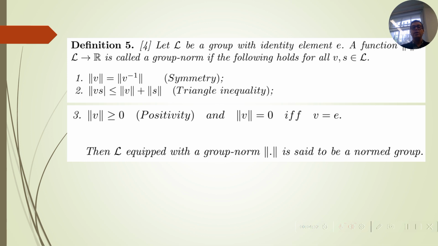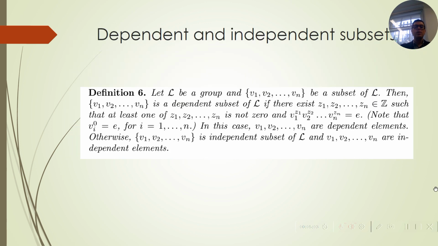Let L be a group with identity element E. A function, a norm, from L to the real numbers is called a group norm if we have the following properties: symmetry, triangle inequality, and positivity, and also this condition. Then L equipped with a group norm is said to be a norm group.